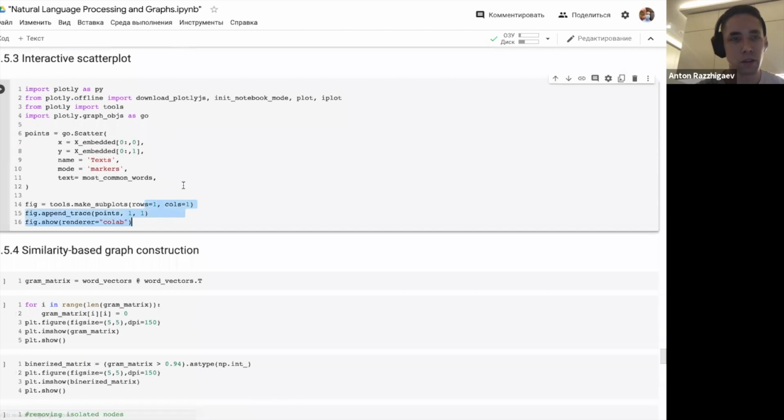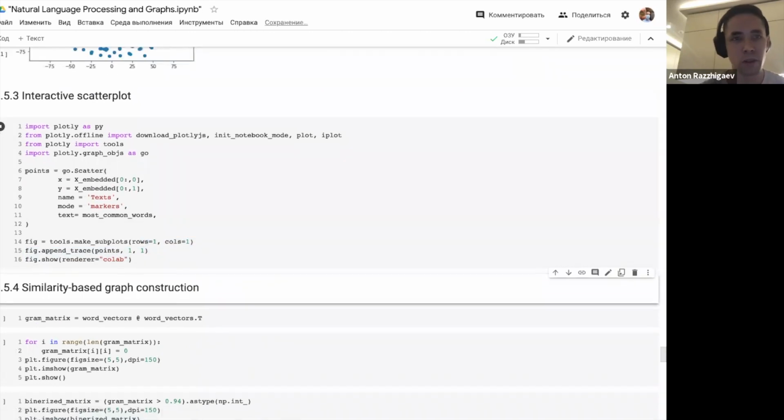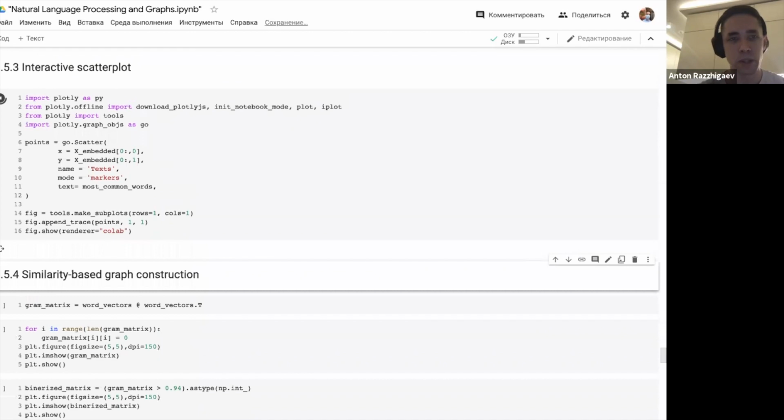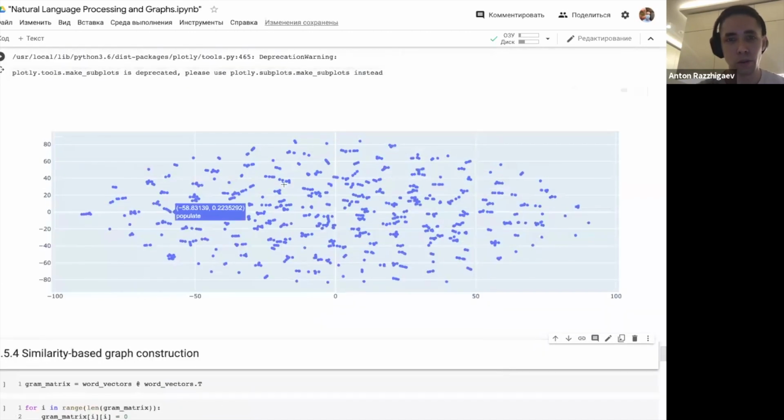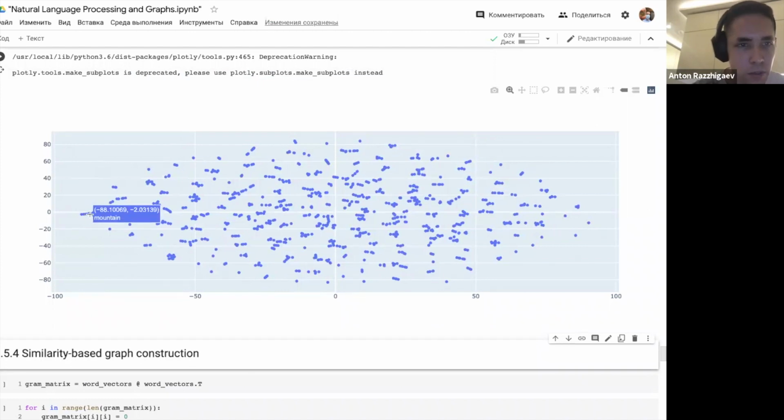We can do interactive plot of these squeezed vectors and look what words they represent. For example, at this small cluster, there are some geographical words: valley, lake, river, mountain. This cluster, food, corn, drink, sugar. Okay, here something strange.